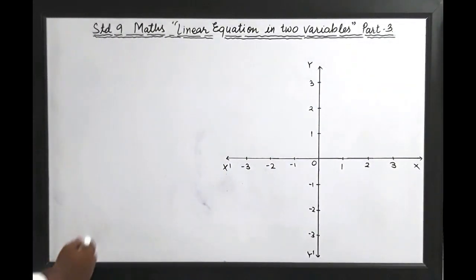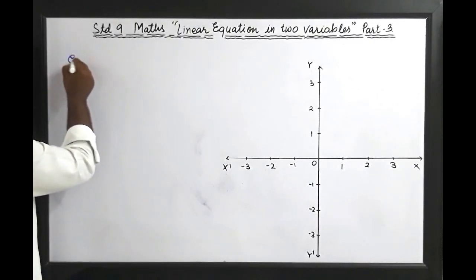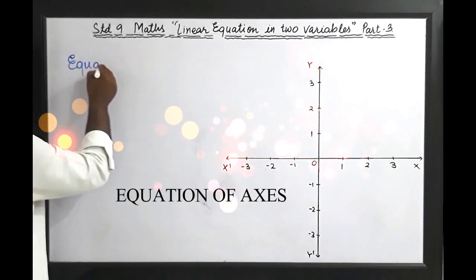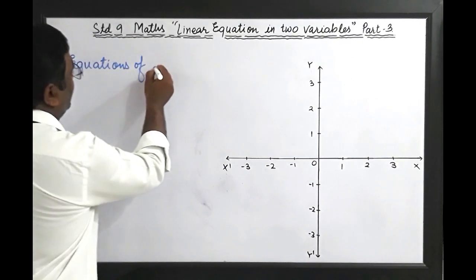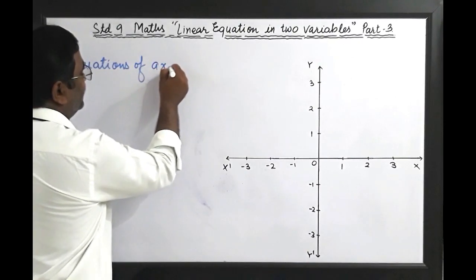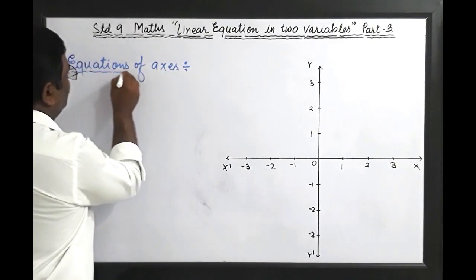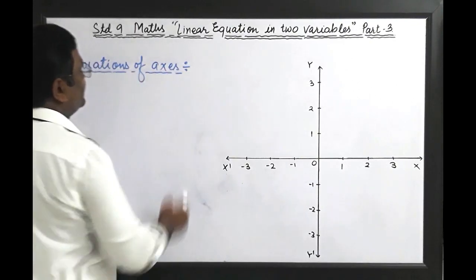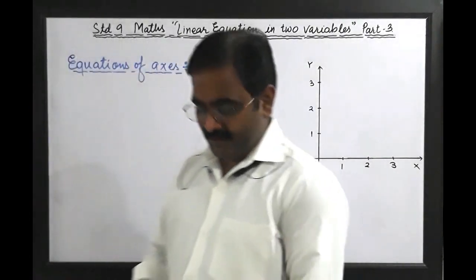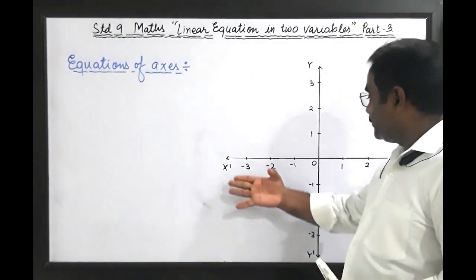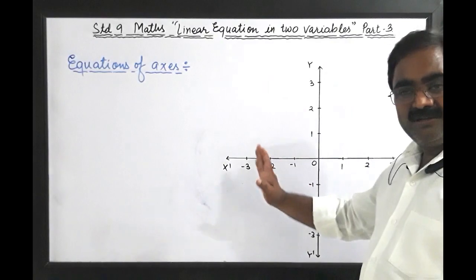So we are going to learn the equations of axis, means the equation of x axis and the equation of y axis also. So this horizontal line is called x axis and this vertical line is called y axis.